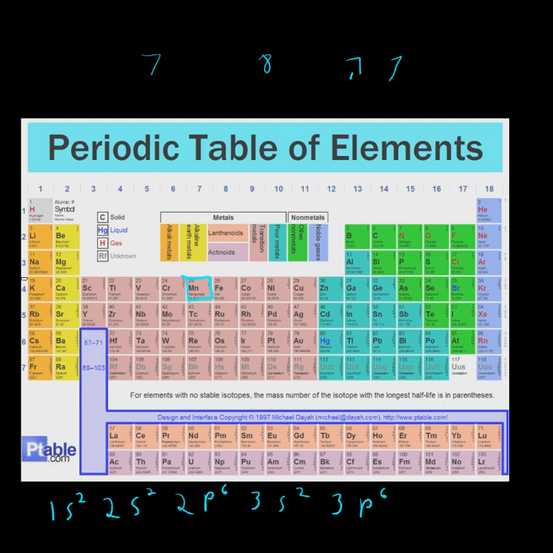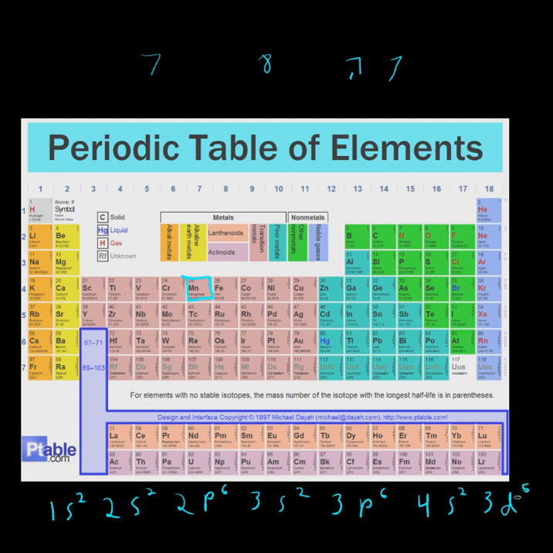Then we circle back down to 4s, so we have 4s2, and finally we go to our D block. Remember the only thing with the D is you remove 1 from it, so instead of 4d we write it as 3d, and so we would have 3d, 1, 2, 3, 4, 5. So 3d5.